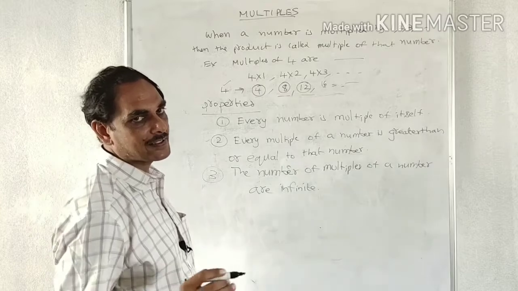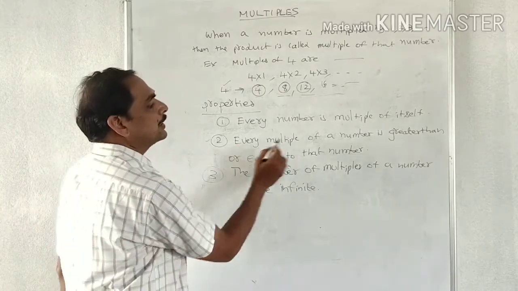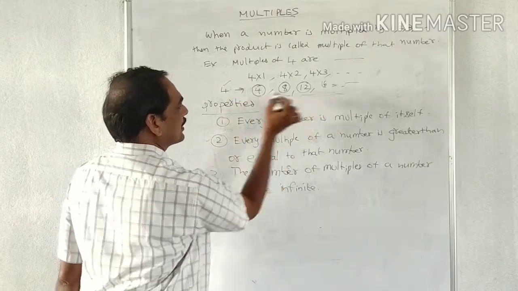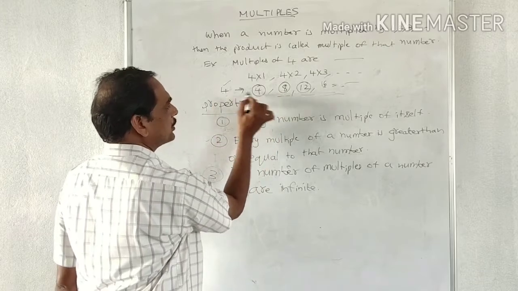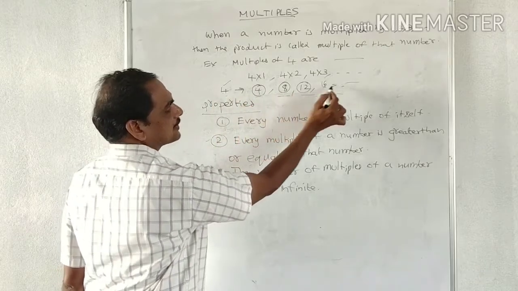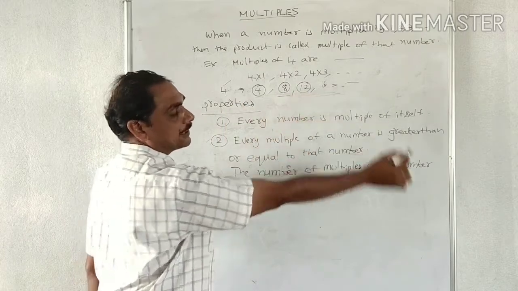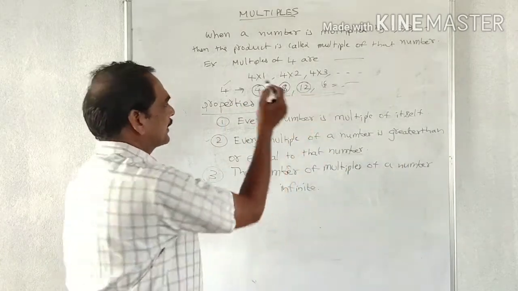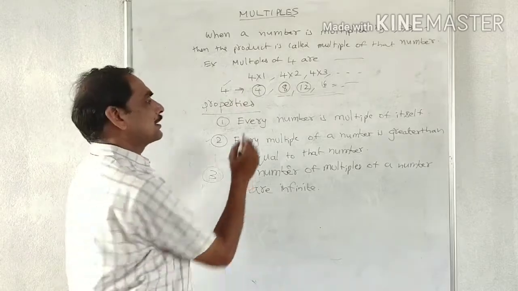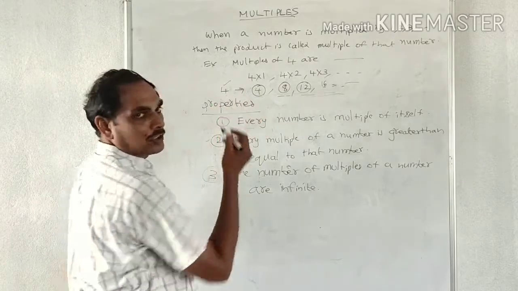From this we can say that every multiple of a number is greater than or equal to that number. So 4, 8, 12, 16 and so on are the multiples of 4. Of these, 8, 12, 16 and so on are greater than 4, and the first multiple 4 is equal to 4.